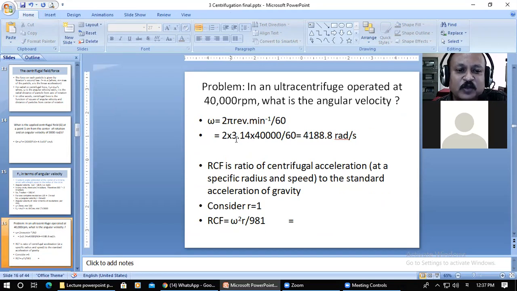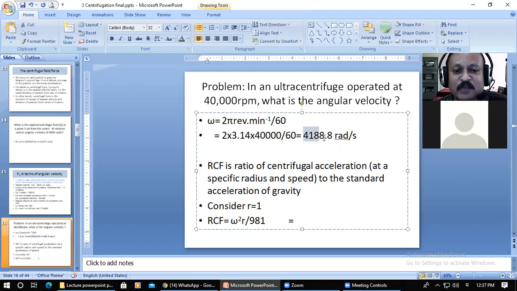Therefore it is 2 into 3.14 multiplied by 40,000 divided by 60. When you solve this, it comes to 4188.8 radian per second. That is the angular velocity of the rotor. So RPM can be converted into angular velocity, or angular velocity can be converted into RPM.